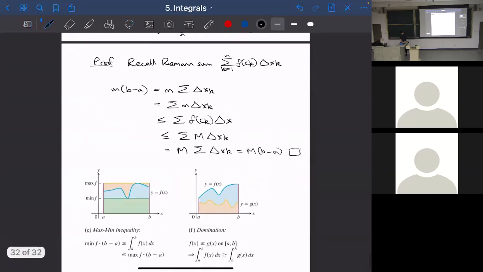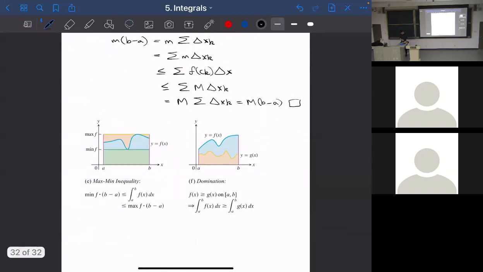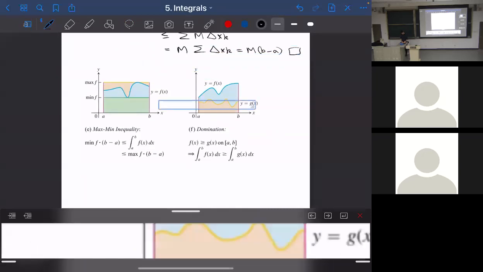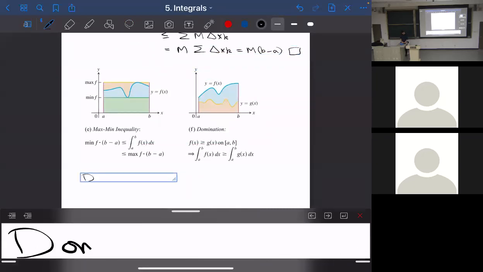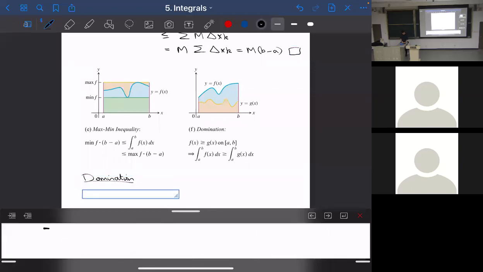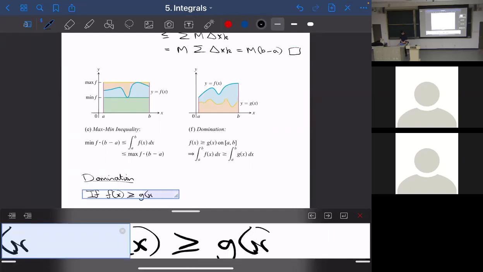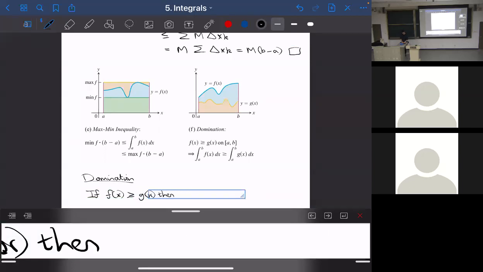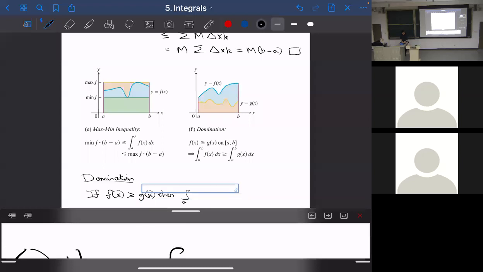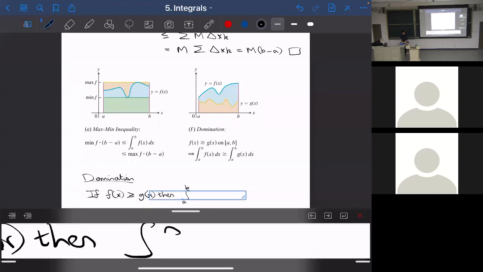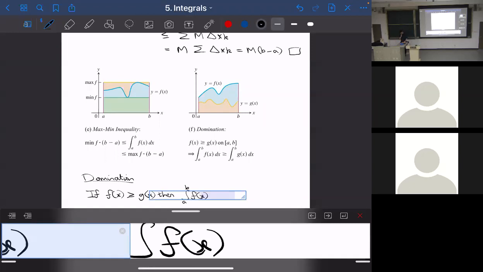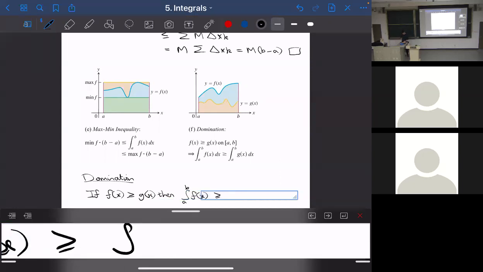And then we have a domination. So let me just write it down. If f(x) is greater than or equal to g(x), then the same inequality holds for their definite integrals. And we can see this from the picture. So the area under f is greater than or equal to the area under g.